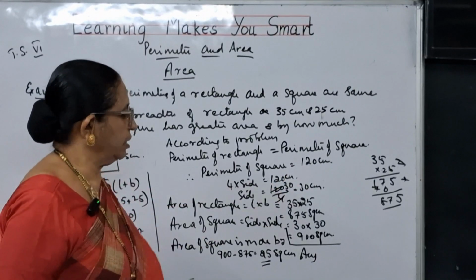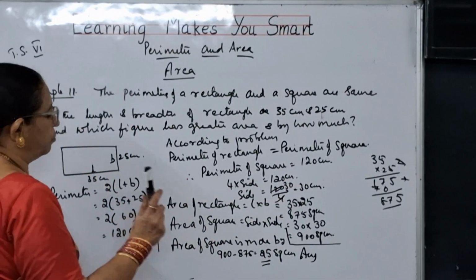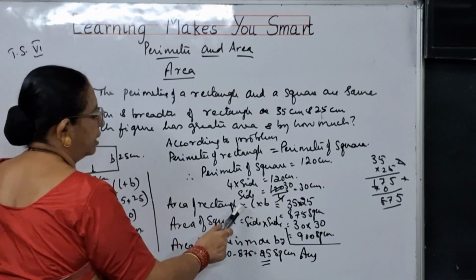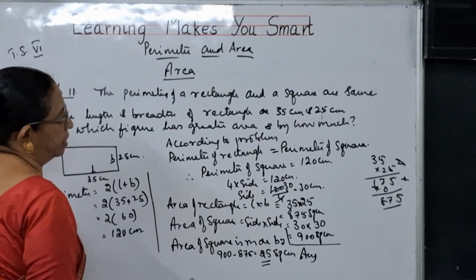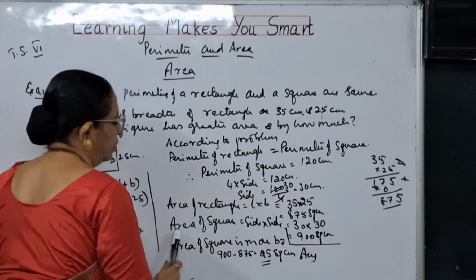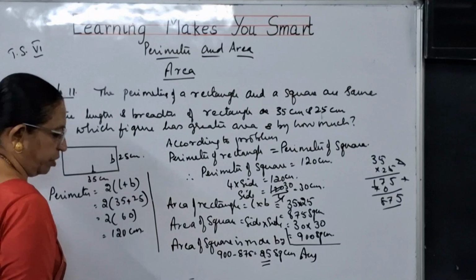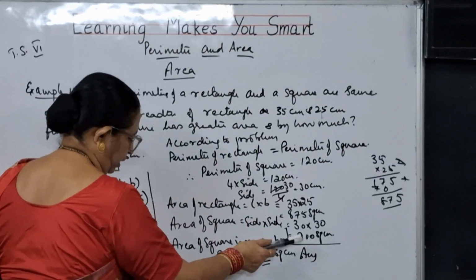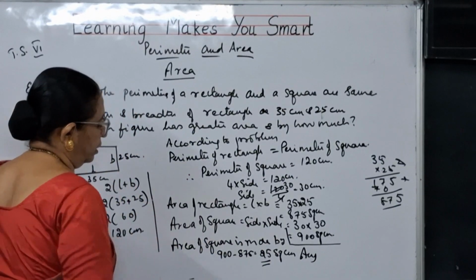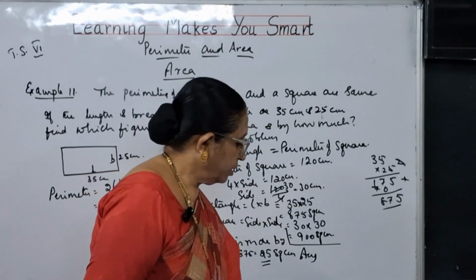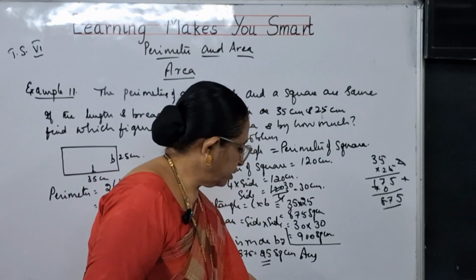So side is 30 centimeters. Now we need to find the area of the rectangle and the area of the square. Area of the rectangle is length into breadth, we have got 875 square centimeters. Area of square is side into side, 30 into 30, 900 square centimeters. So since 900 is more, area of square is more by 25 square centimeters.